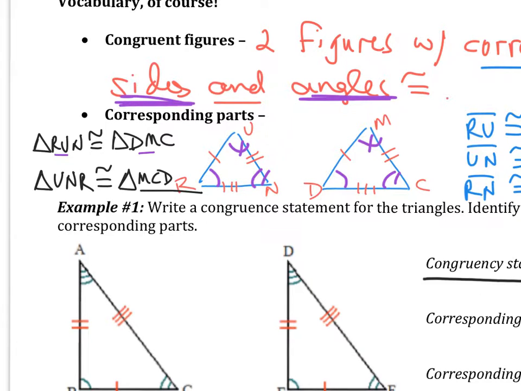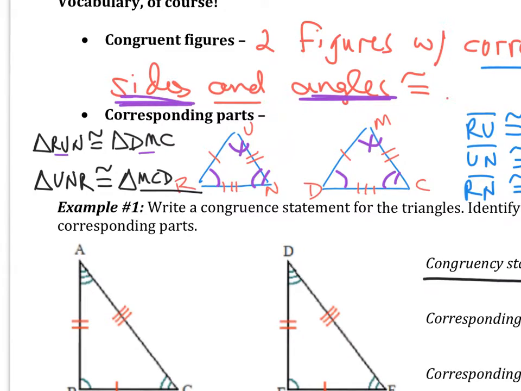Because they're both corresponding. Is U congruent to M? Yes. N congruent to C? Yes. R congruent to D? Yes. Alright, so then it worked, okay? And there are 6 different possibilities that you can come up with. It doesn't matter which one you write down, as long as your corresponding parts are in the right order, okay? That's the only thing that really matters, okay?